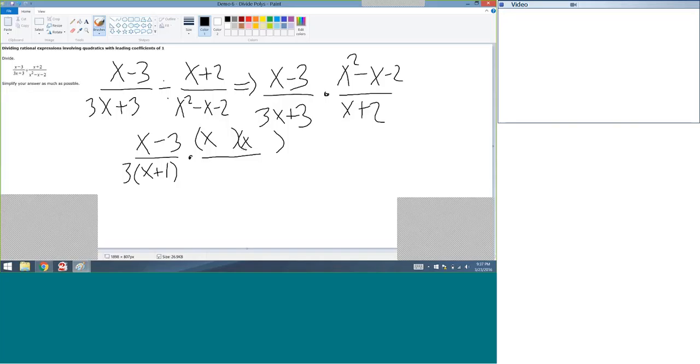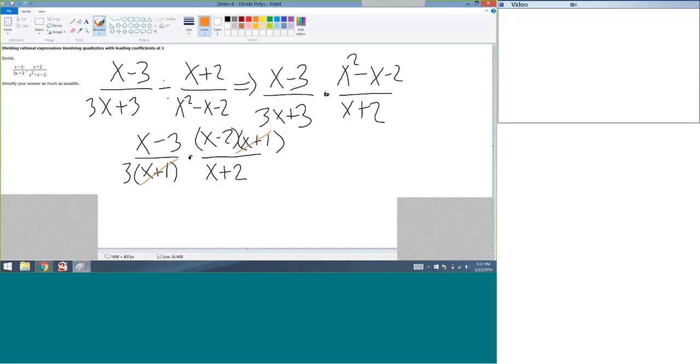All right, so we get x minus 2 and then x plus 1 to factor that. And then we can't do anything at the moment with the x plus 2, so we're just copying it down. Now we should be able to cross anything that matches. So we've got an x plus 1 and an x plus 1.